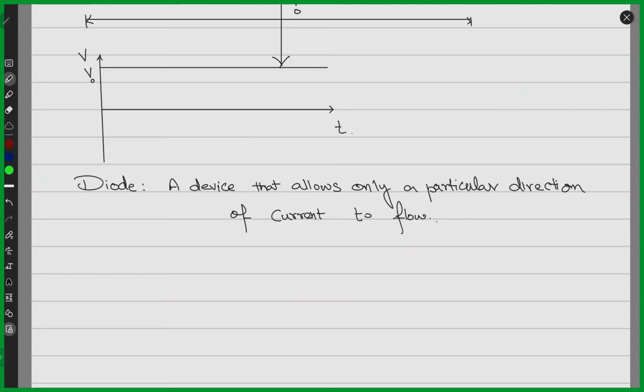The symbol for a diode usually looks like this. It's a triangle with a line over it.